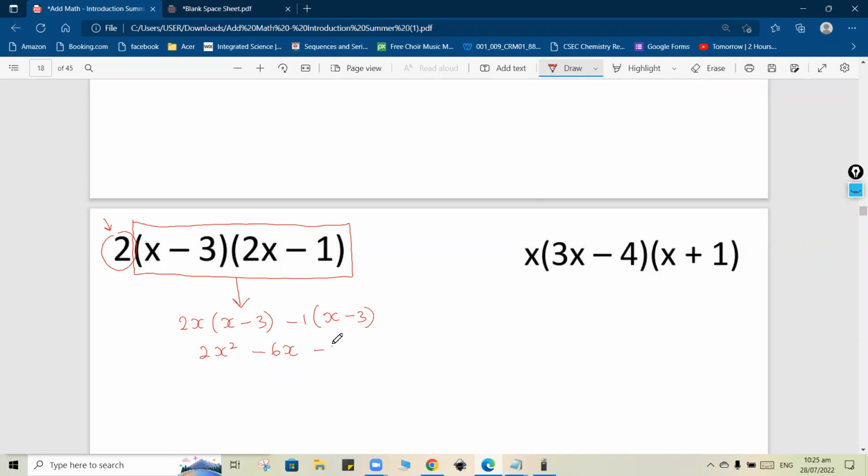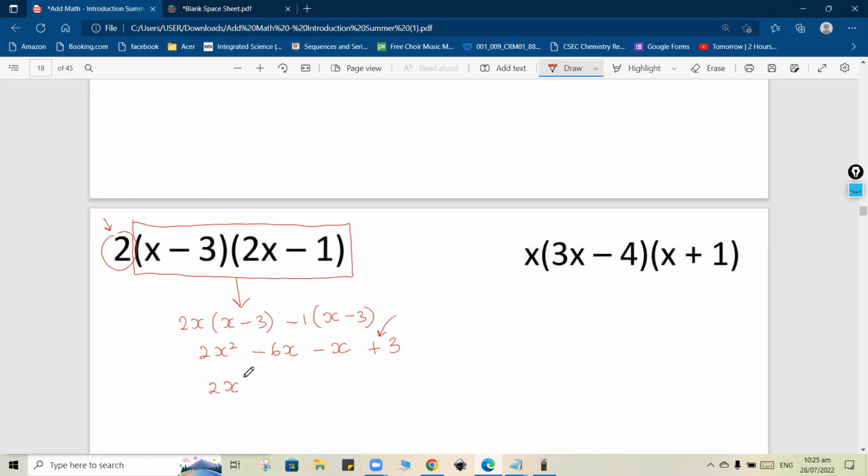Minus 1 by x is minus 1x. I don't have to put the 1 if I don't want to. Minus 1 by minus 3 is positive 3. I suspect a few people forgot the positive 3 there based on the answers they sent. Remember, a minus multiplied by a minus is a positive.